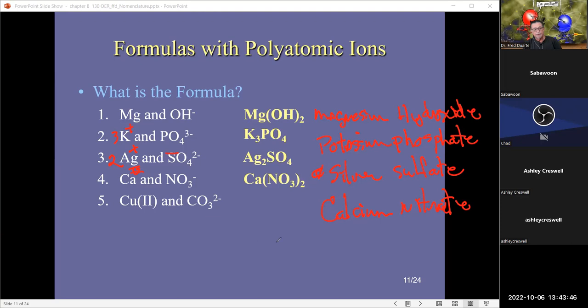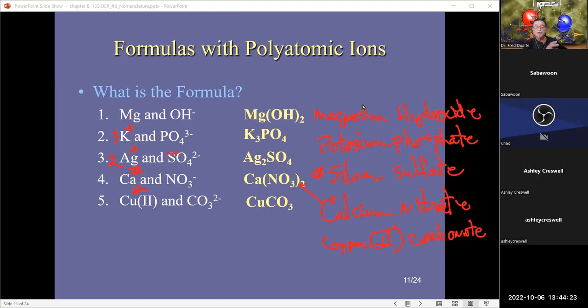Okay, now here, if you look at this one here, we'll go ahead and write the name. I'm running out of space. This is copper, Roman numeral 2 carbonate. Okay, the Roman numeral 2 tells you you're dealing with a +2 ion. Okay, the carbonate has a -2 on it, so it's a simple 1-to-1. Okay, so we just combine them together, and that's our formula.